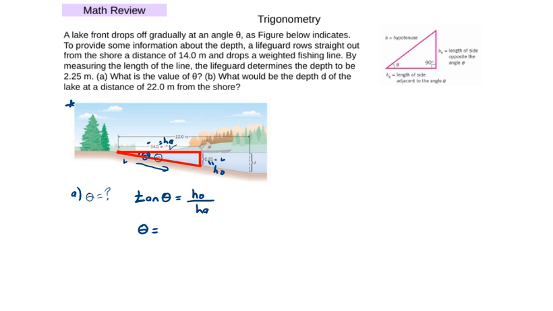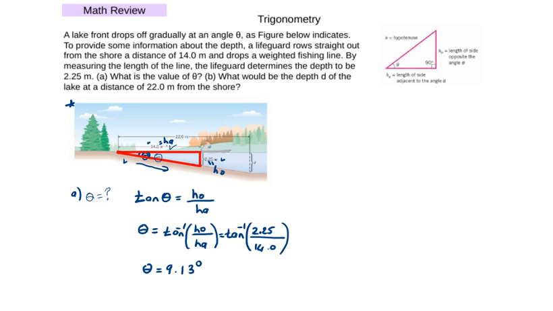Tangent theta is equal to opposite over adjacent. I don't have to find tangent theta, I need the angle. From inverse functions, theta is the inverse tangent of opposite over adjacent. Then I'll put in my numbers and get my theta.